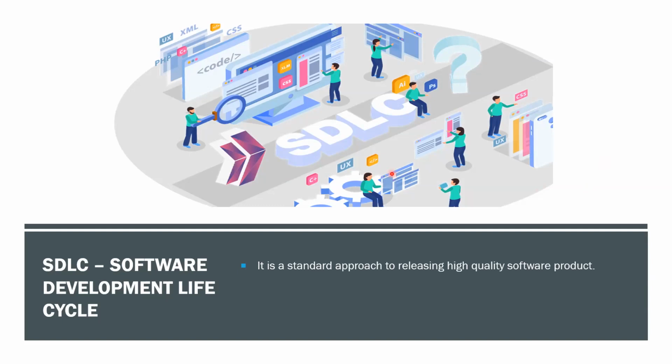Okay. And in not being able to skip a step in this SDLC process, it's very important that we understand that in order for us to release high quality software, we have to follow this process to the letter, from head to toe.